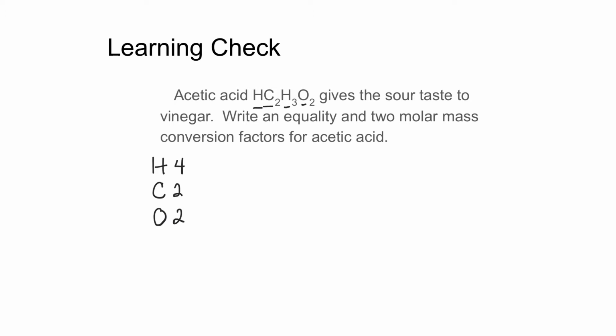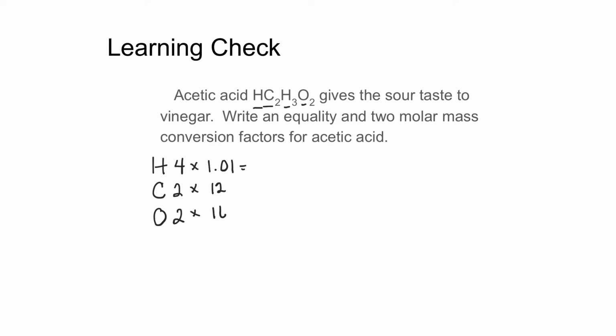Now you're going to need to use your periodic table to find the atomic mass. The atomic mass is going to serve as the molar mass, and multiply the subscripts by those atomic masses. So for hydrogen, if you look at your periodic table, it's 1.01. For carbon, it's 12, and for oxygen, it's 16.